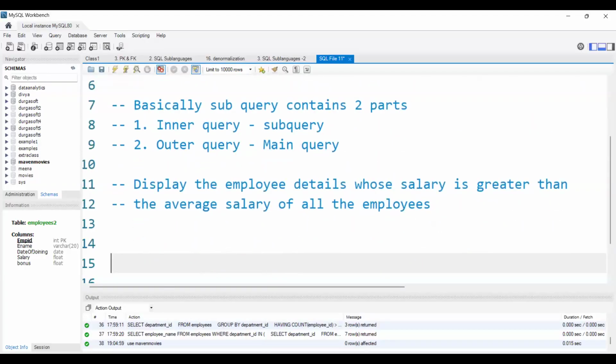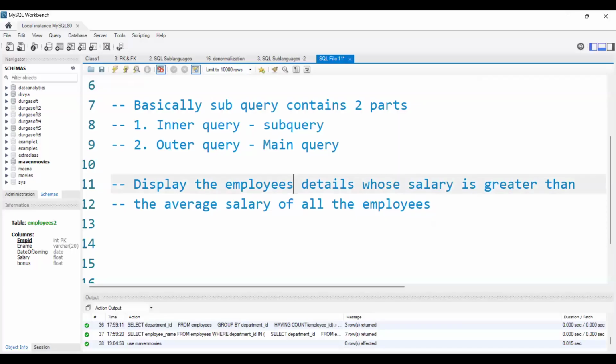So this is my question. I'm saying display the employee details whose salary is greater than the average salary of all the employees. Okay, this is one question. Now let's see how to solve it.